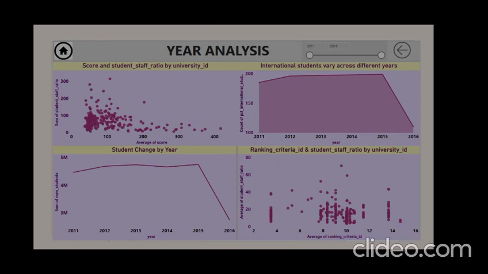Students change by year and ranking criteria ID. Student staff by university ID. Here in this analysis I use two scatter plots, one line chart and one area map.